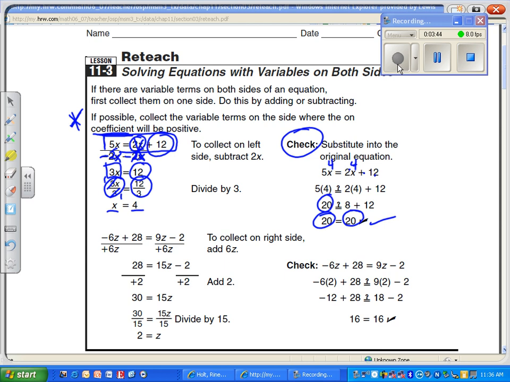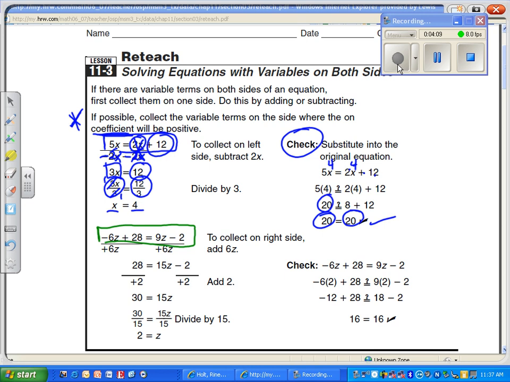All right, next problem. Here's our equation: negative 6z plus 28 equals 9z minus 2. So here's a couple of steps before we solve. We need to move the z's over on one side and the numbers on the other. So if I subtracted 9z from both sides, I'd get a negative 15z on the left.